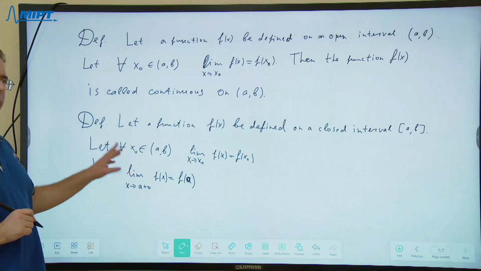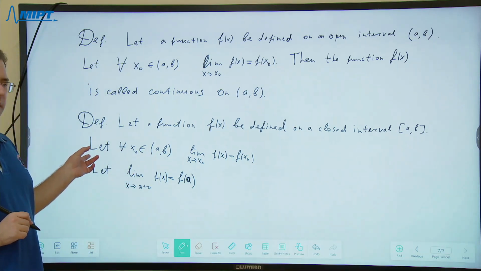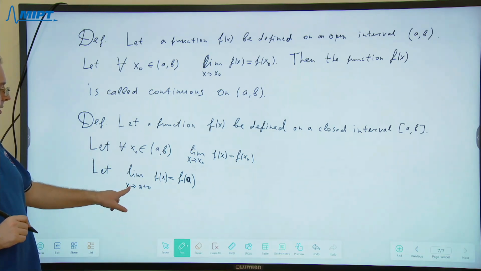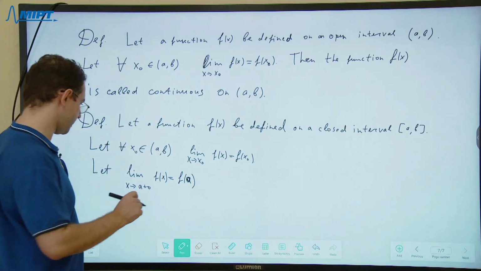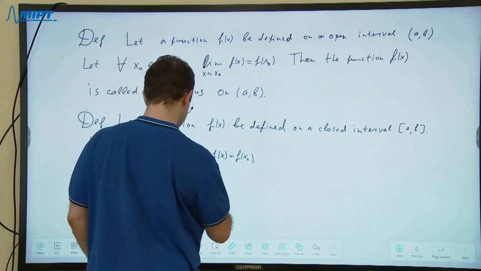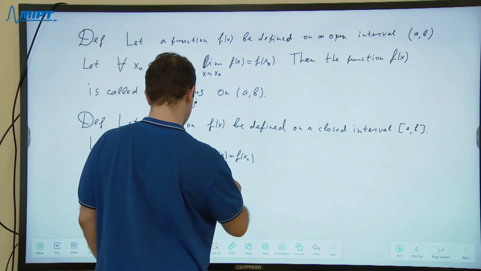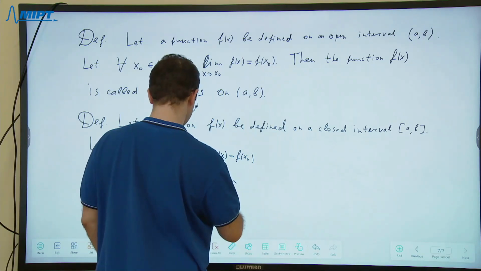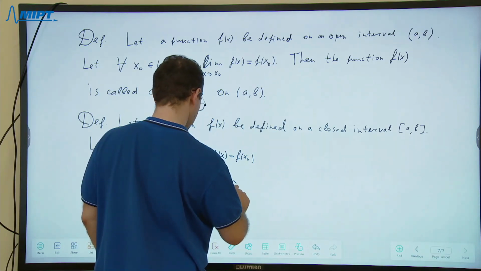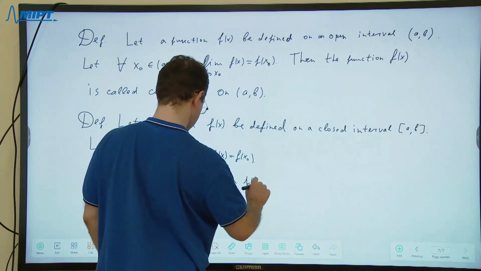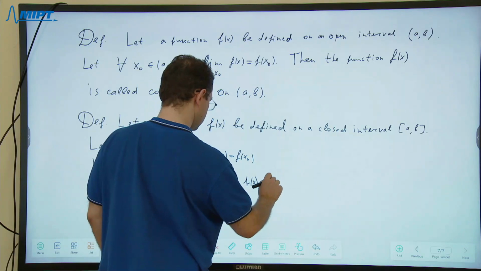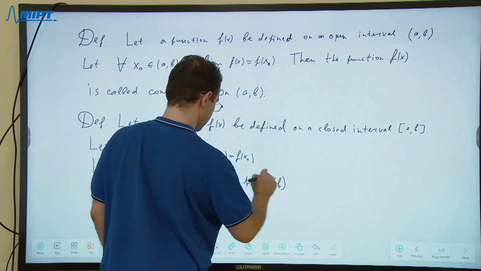So on the left side of the interval, I want the right limit to be equal to the value of the function. And also on the right side of the interval, I want the left limit to be equal to the value at this point.